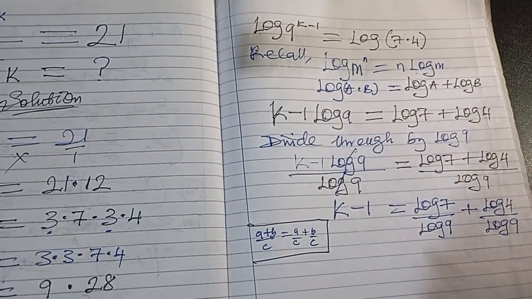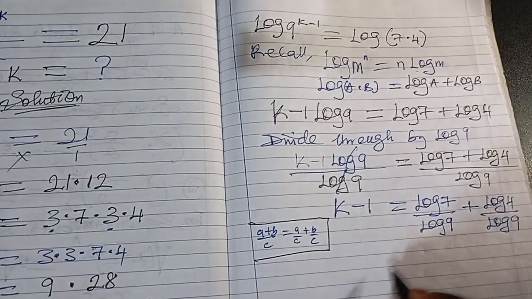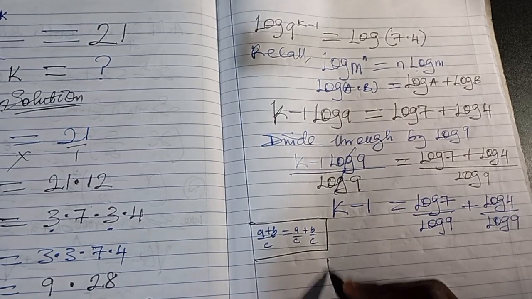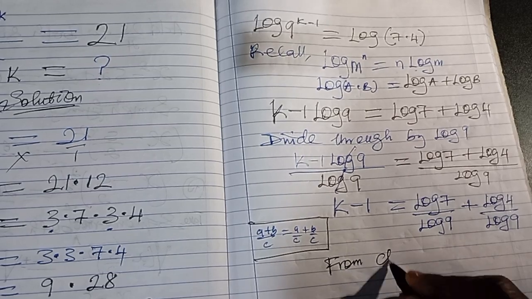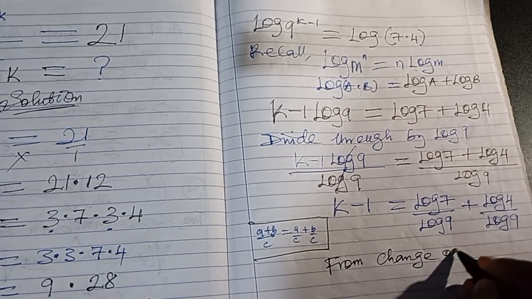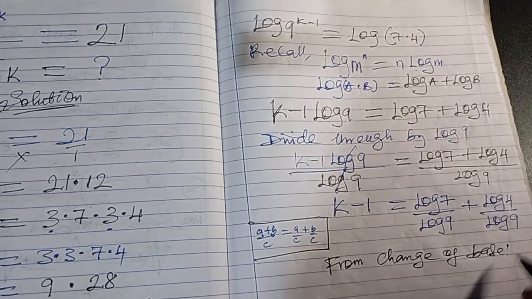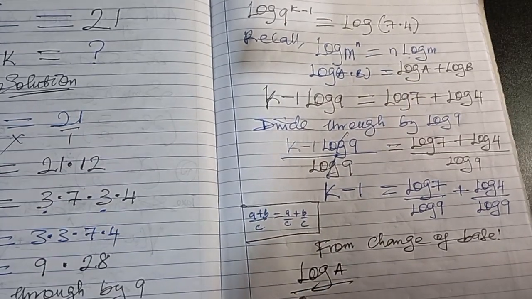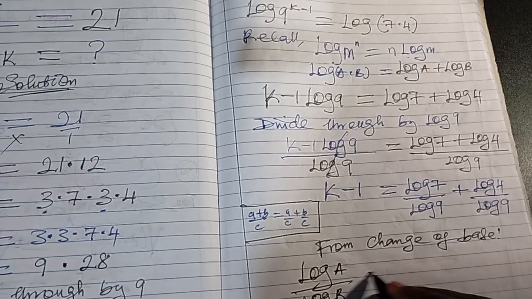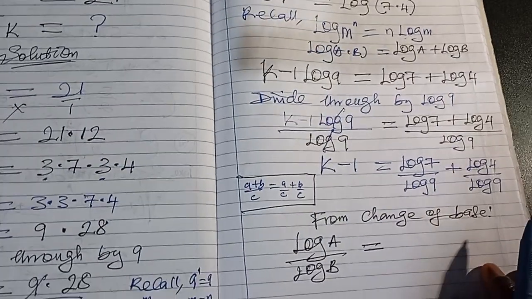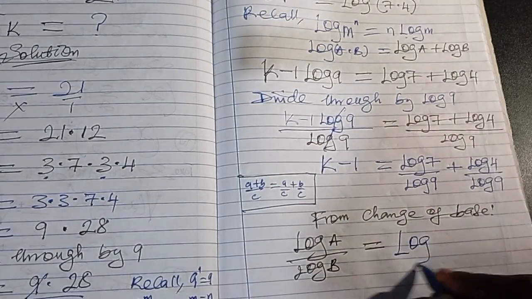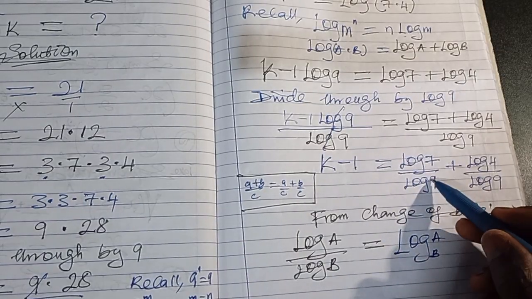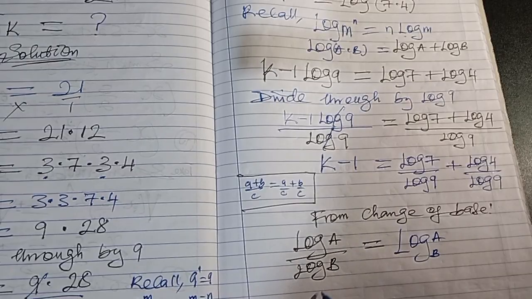Alright, so now make k the subject of the formula. From change of base, if we have log A divided by log B, it is the same as log A base B. Good. So let's apply it to this side and this one.